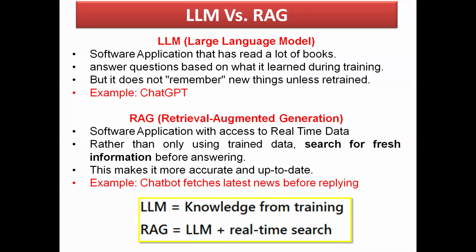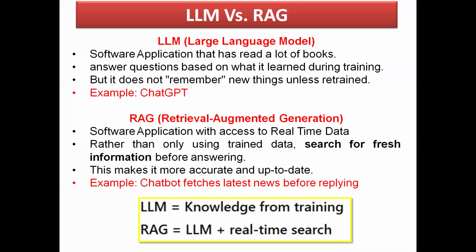So if we are working on some AI platform, AI chatbot, that has some fixed data, fixed knowledge at the back end, at the initial level ChatGPT and Gemini had only LLM.